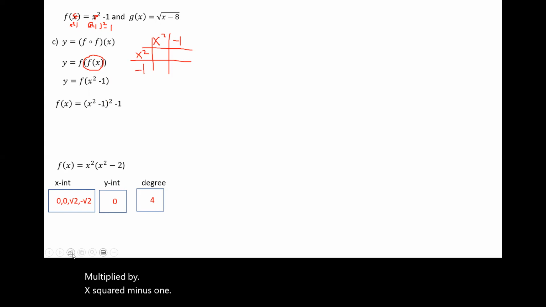What does that give us? x to the 4th minus x squared minus another x squared plus 1. Okay, so there's our x to the 4th minus 2x squared plus 1, and then we had another minus 1.